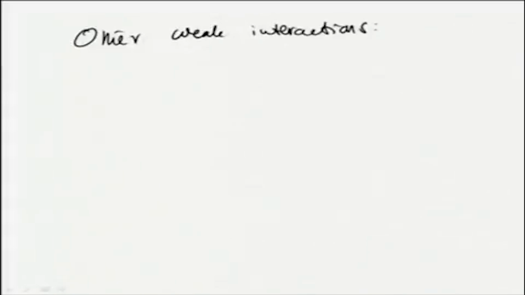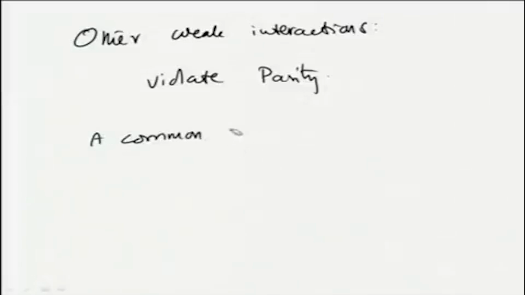And you can see that later on other weak interactions confirm that they all violate parity. So, parity violation is a common feature of weak interaction.